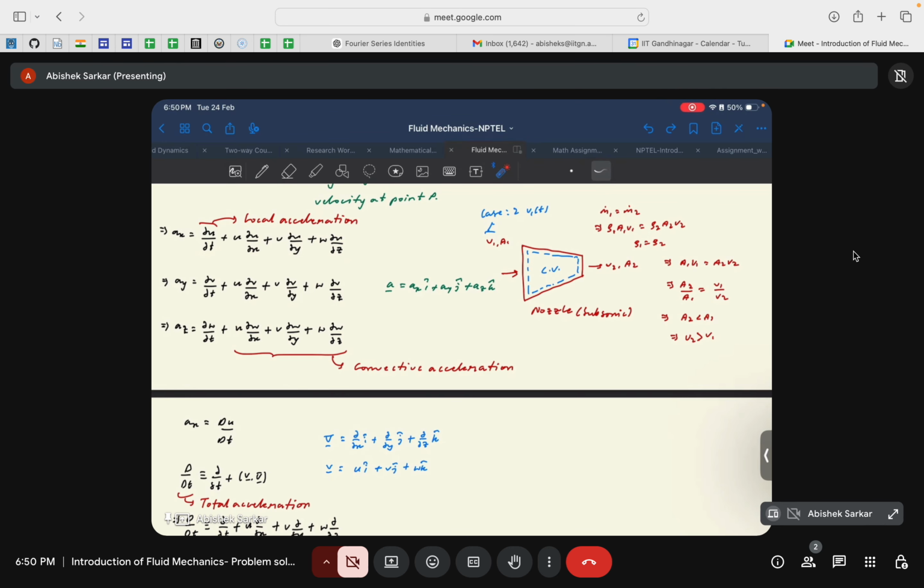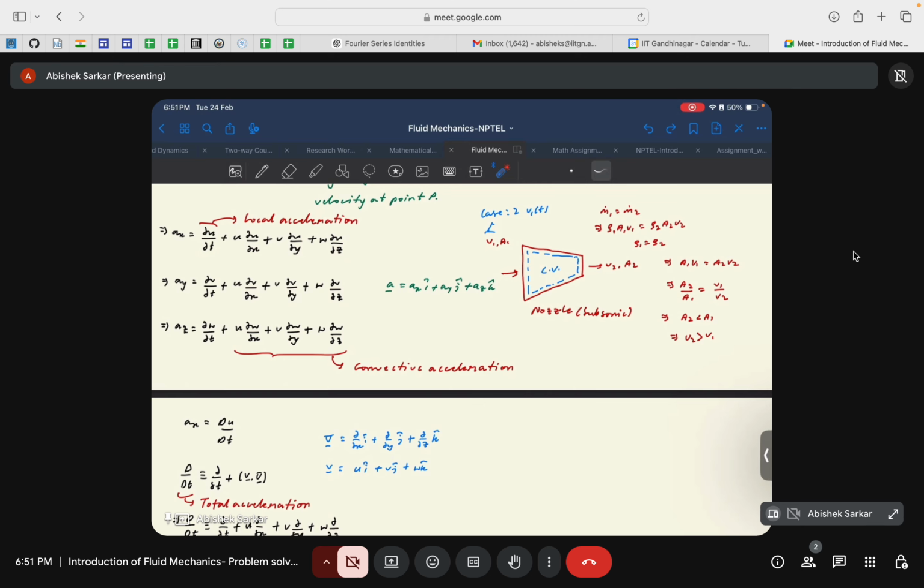Local acceleration is quite well understood: how the variation of the velocity field with respect to time contributes to the total acceleration. The second is the convective acceleration, which states how the variation of the velocity field across space contributes to the total acceleration field. So that's the second contribution.